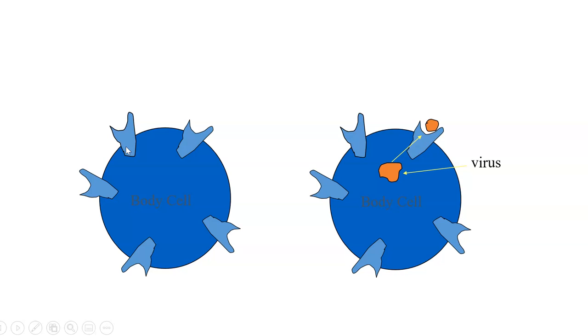But let's say a body cell gets attacked by a virus, and we've talked about how viruses need to exist within a body cell. Remember, the virus has to be inside the cell. So how's your immune system going to know whether it's been attacked by a virus or not? Your cell, in its last-ditch effort to save the body, is going to take a piece of that virus and place it on your protein.